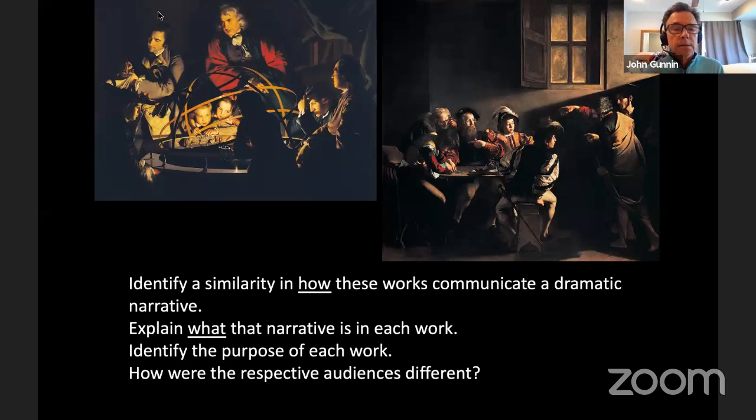So in terms of the purpose of each work, the Wright of Derby is to commemorate the time of the Enlightenment and to call attention to the Lunar Society and the advancement of knowledge. The Caravaggio was in a church, and this was a time of the Counter-Reformation, where the Catholic Church was really working hard to solidify their position and not let anyone turn to the Protestant religion.